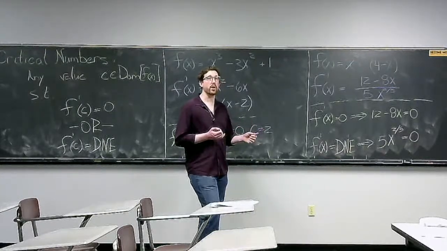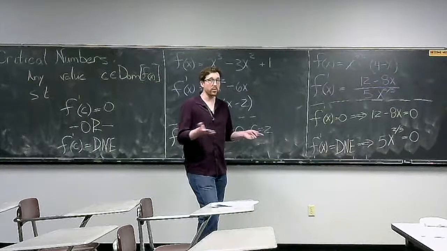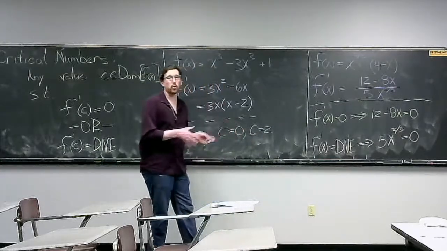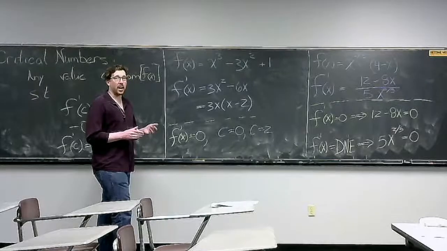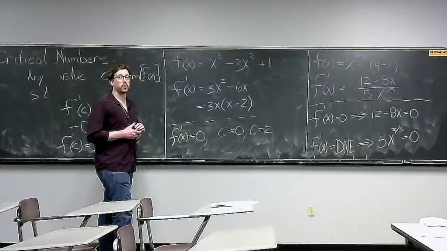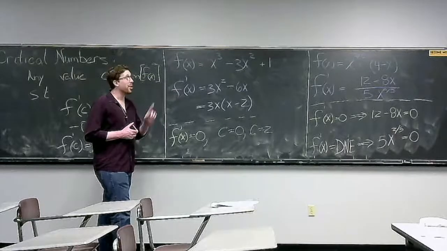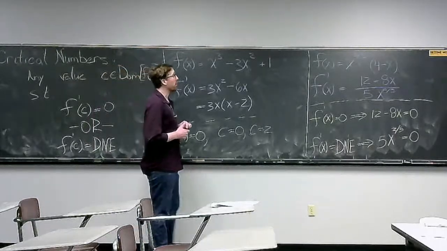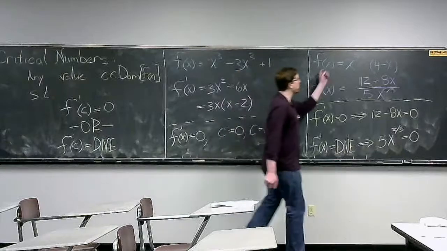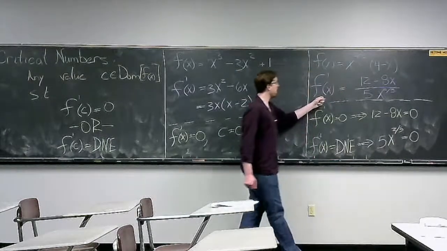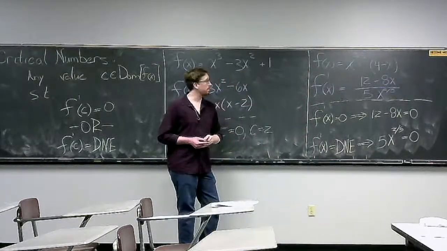It has a case where that derivative won't exist. Like there's a value of x in the domain of your original function for which that derivative does not exist. There's also values within the domain of your original function where the derivative is equal to 0.